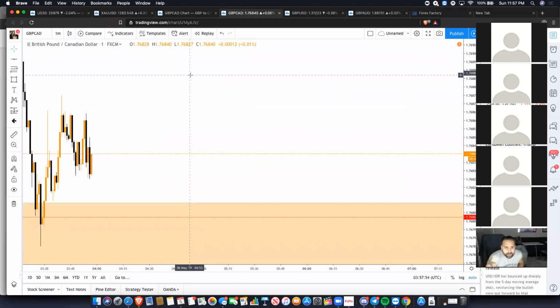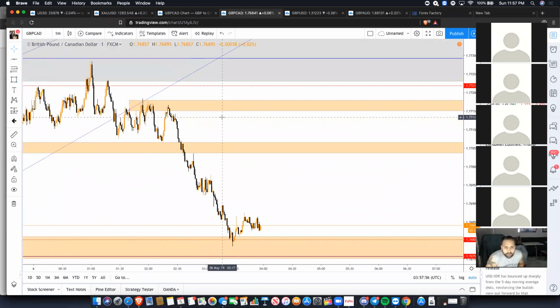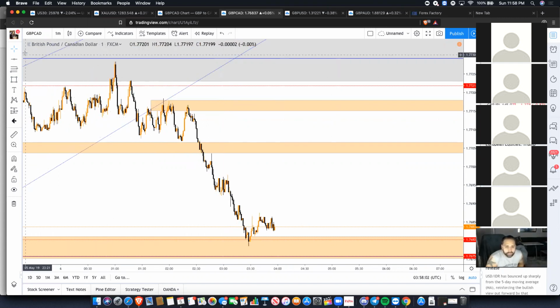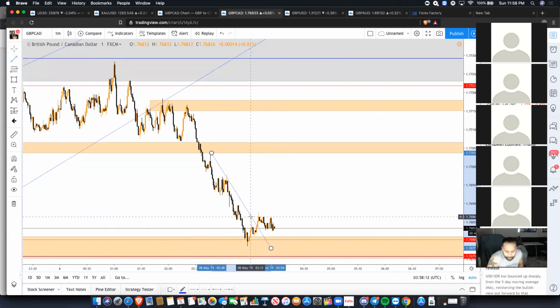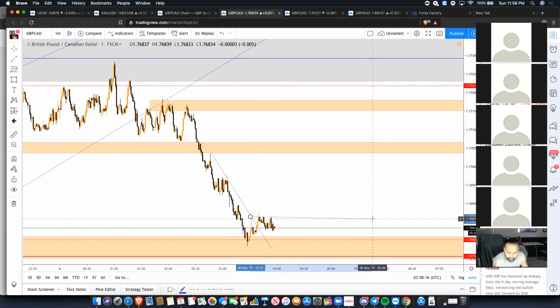Just off the 1 minute, it looked like she's trying to make her push up, but based off of general market structure, we would need to see a break and a retest at this price here.